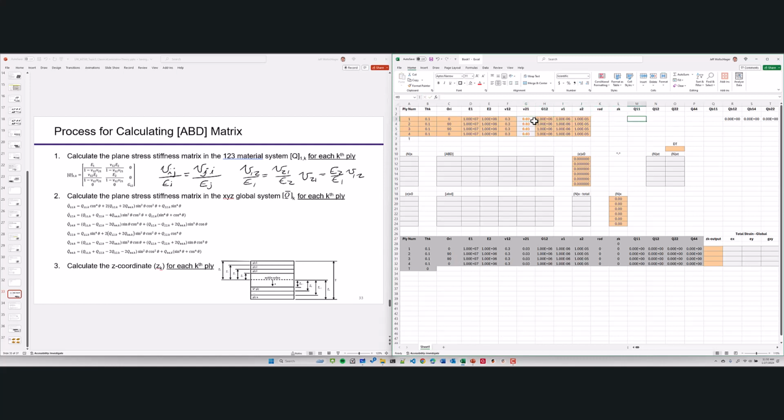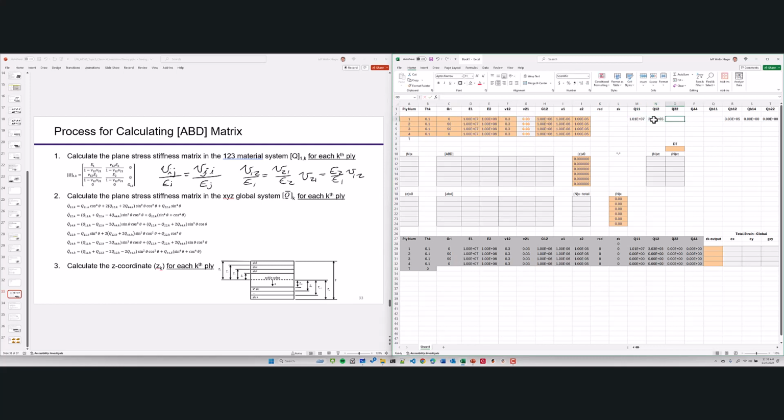Okay, now I can go back to calculating my Q11 component, which is right here. So now that equals E1 divided by 1 minus V12 times V21. Close out my parentheses, and we're good. Then I can calculate Q12, which is equal to V12 times E2, close that out, divided by 1 minus V12 times V21.